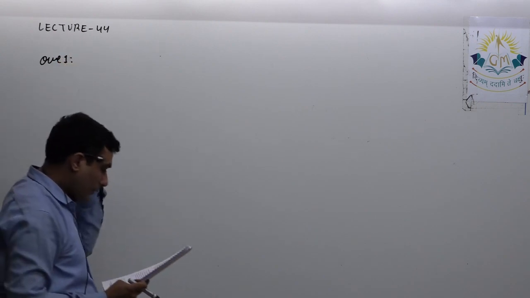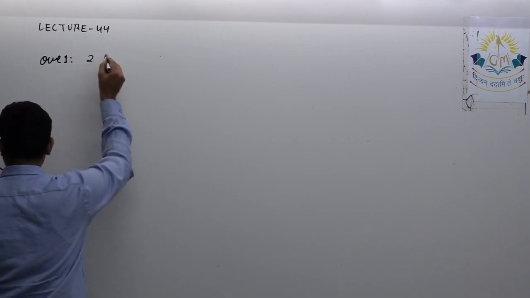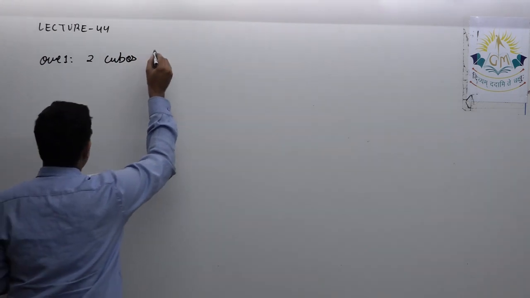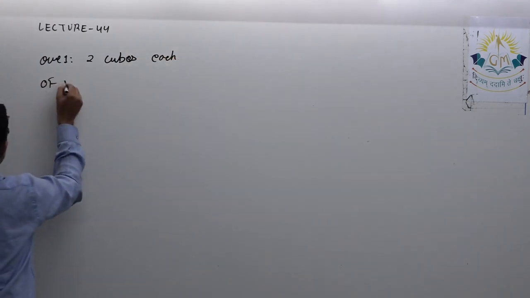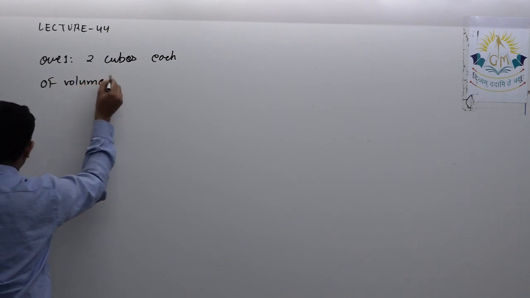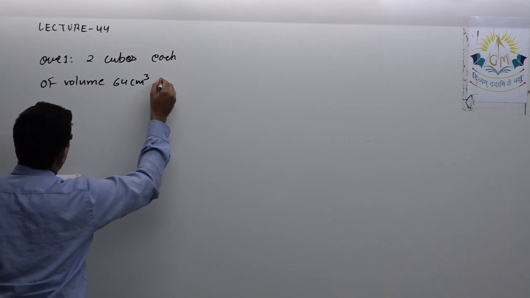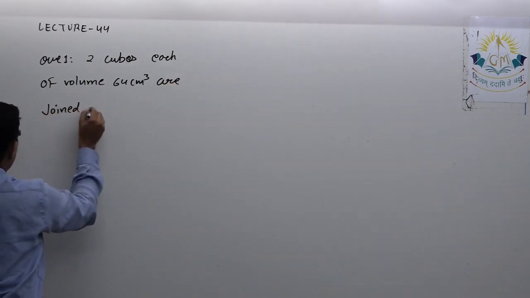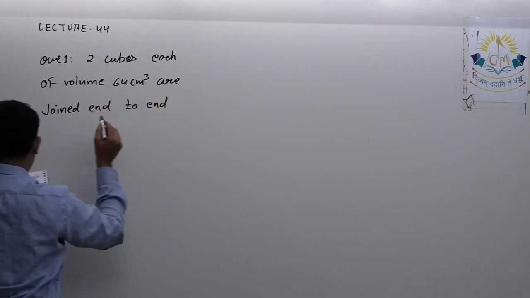Two cubes, each of volume 64 centimeter cube, are joined end to end.